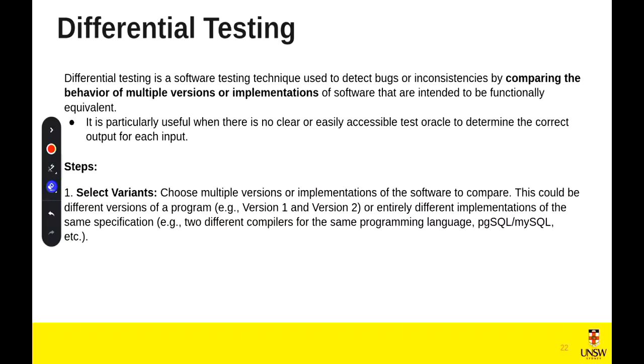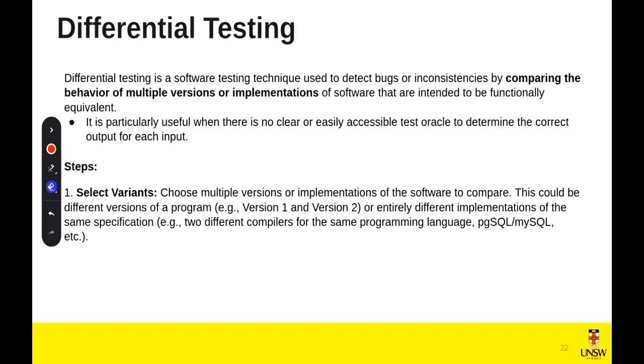And we can also try to use entirely different implementations of the same program or the same system. For example, for C compilers, we do have GCC and we do have Clang, right? So we can have multiple different programs doing the same task, and we can use them as the variants here.